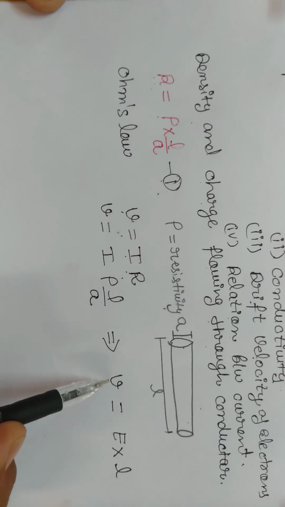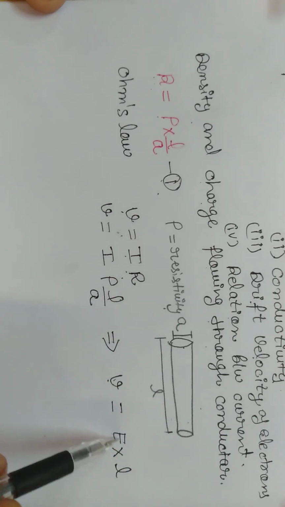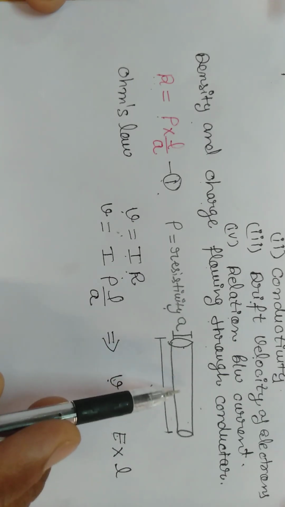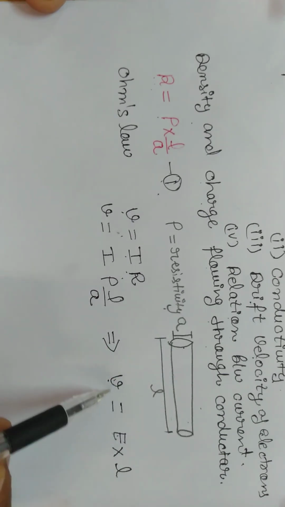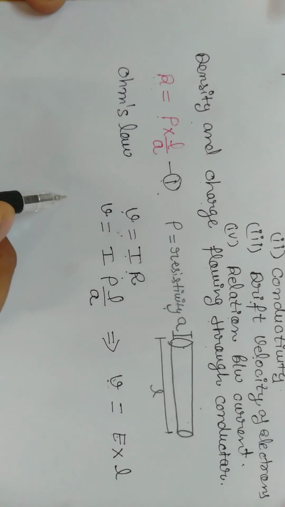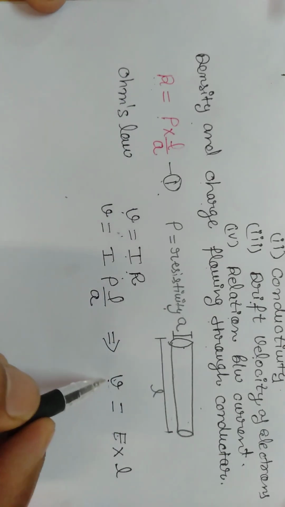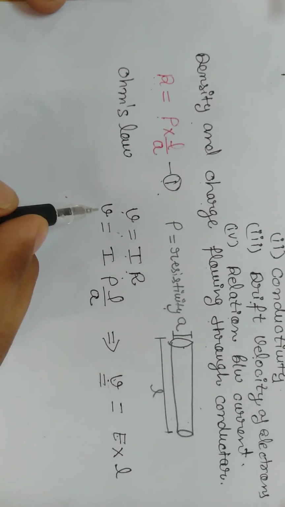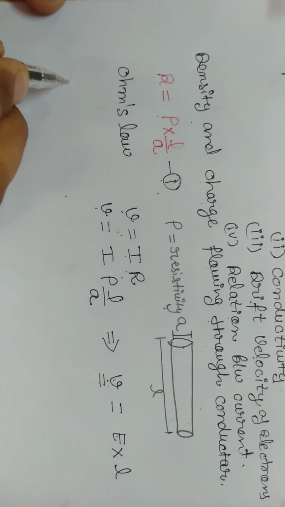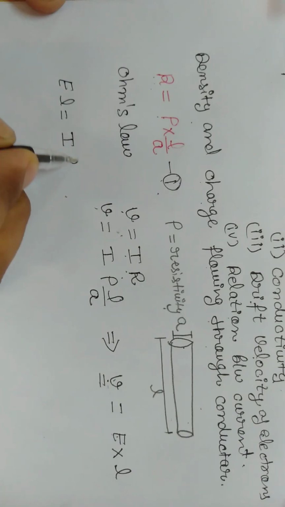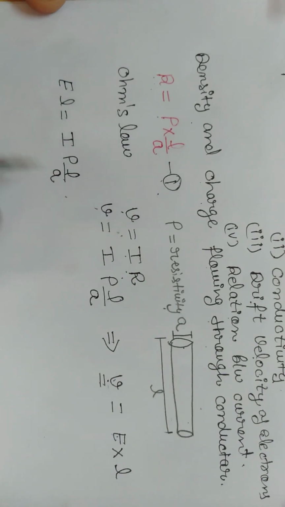So that is the relation between the potential difference and the electric field present in that conductor. Now putting the value of voltage in this equation, we get EL is equal to I rho L upon A.